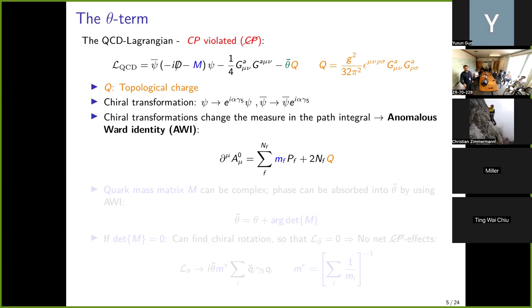So if you have a matrix element of a flavor singlet axial vector current, this is not conserved, but changes with respect to that end up in these terms here, where P_f is the pseudoscalar density, m_f is the mass of the corresponding quarks, and this is basically the change of the measure in the path integral, which involves again the topological charge.